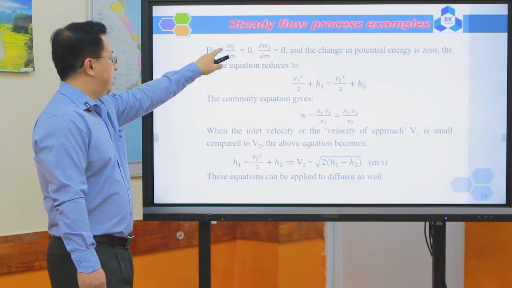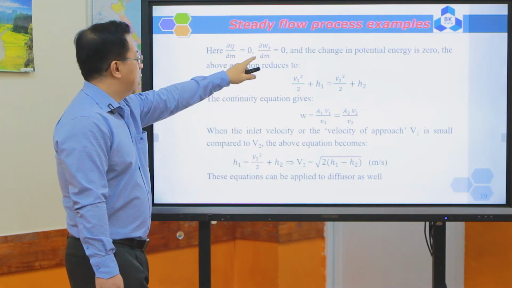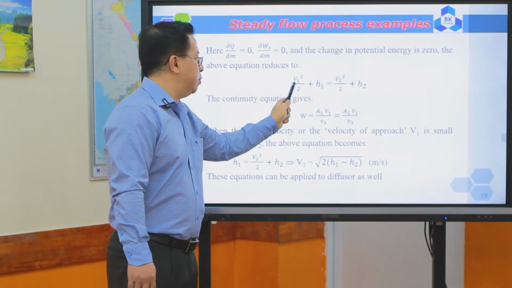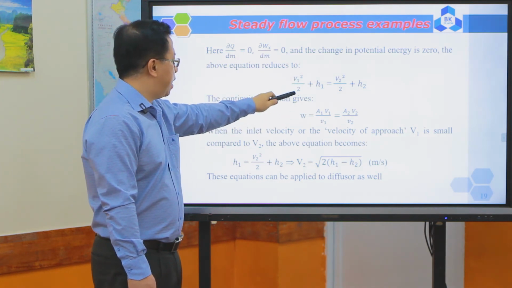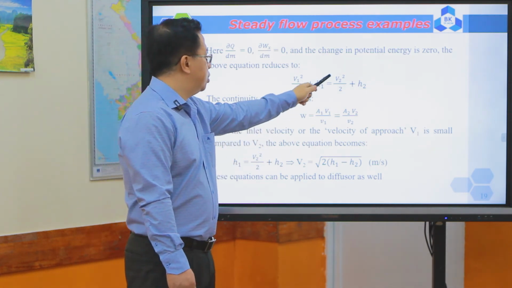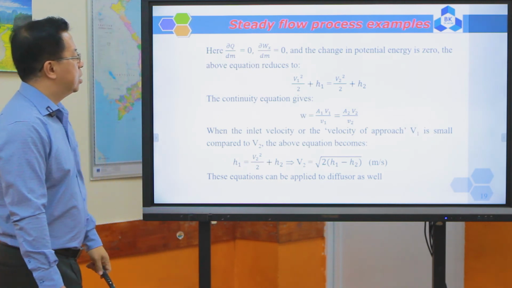So we get delta Q divided by dm equals 0 and delta Wx divided by dm equals 0, and the change of potential energy is 0. So equation 20 reduces to a very simple equation: V1 squared divided by 2 plus H1 equals V2 squared divided by 2 plus H2.